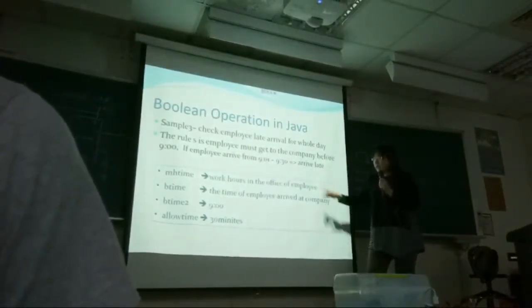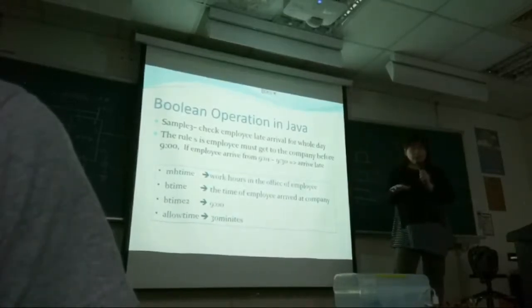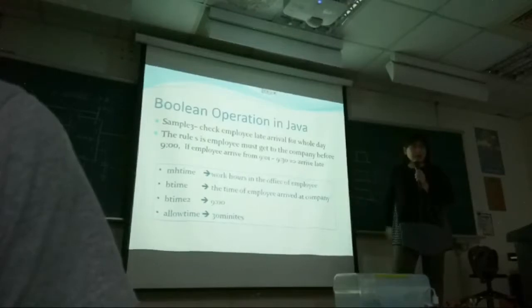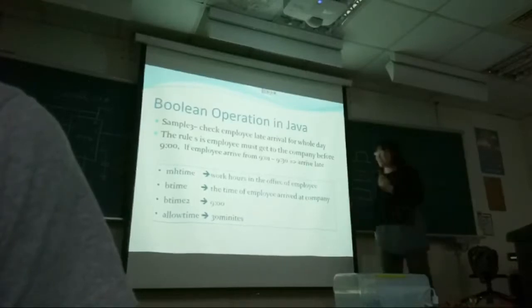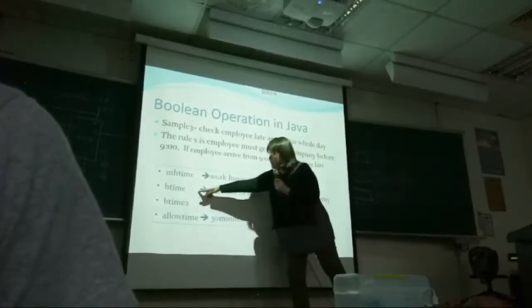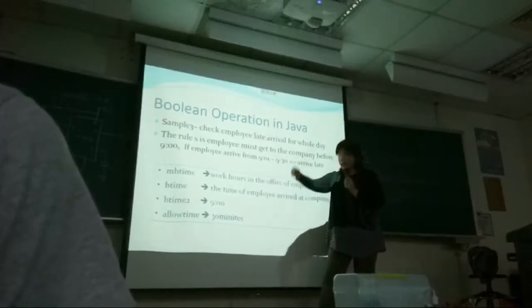Okay, if the employee is in the company, then I'll check the sign time. If he or she goes on a business trip, then do not check it at all. The B time means the time you go into the company, the sign time.